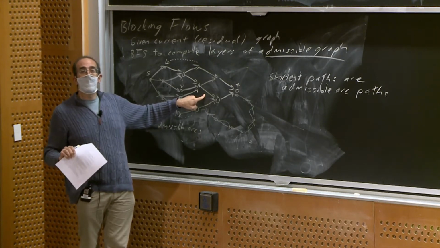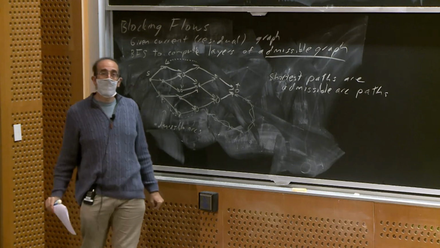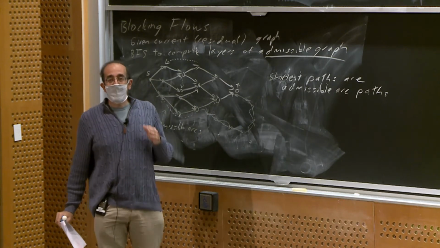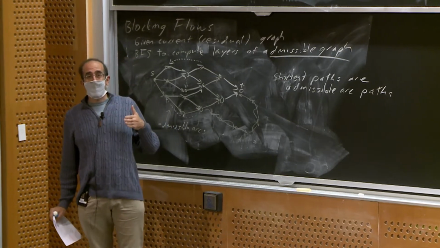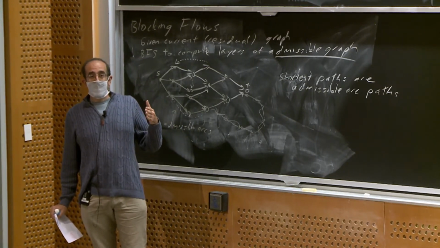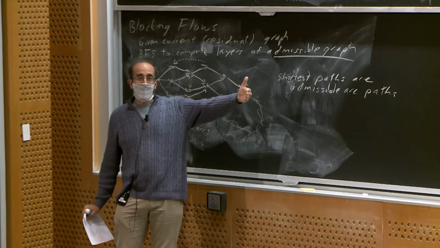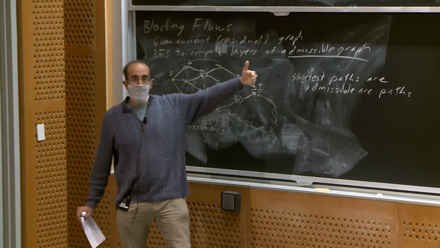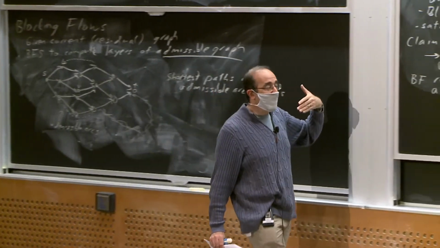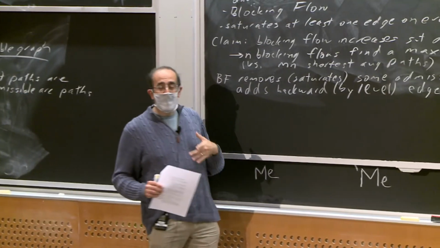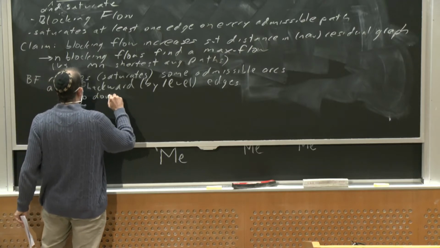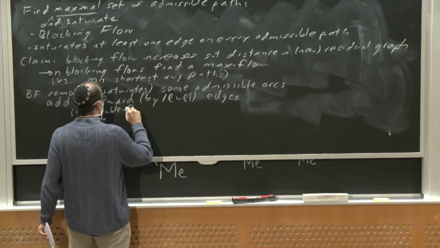Yes? If you keep track of the levels, each admissible one can only add 1, while each backward one subtracts. Exactly. The admissible arcs only advance by 1 level. There's no edge that takes you more than 1 level, and this is still true in your new residual graph, because the only edges we created were edges that go backward. We certainly don't create any double forward edges.